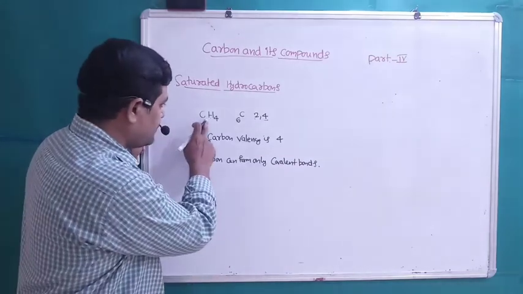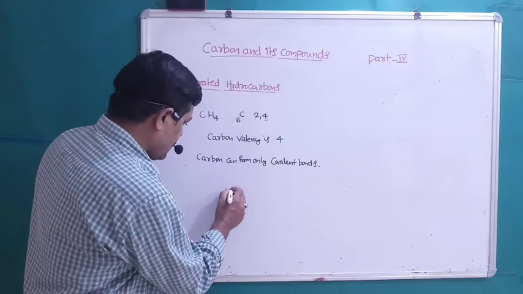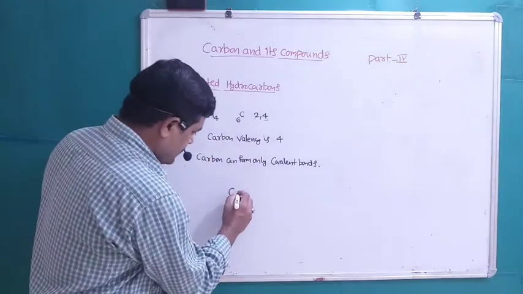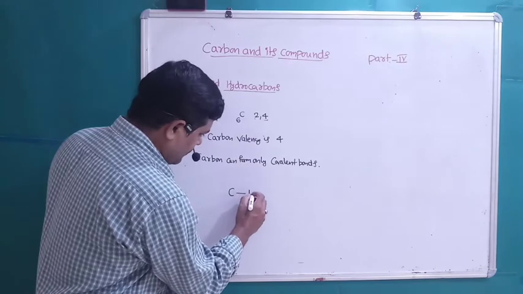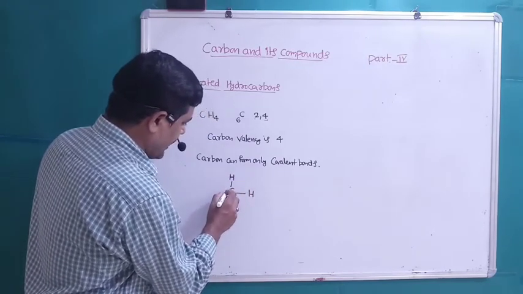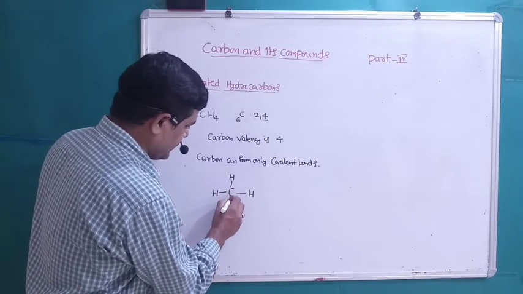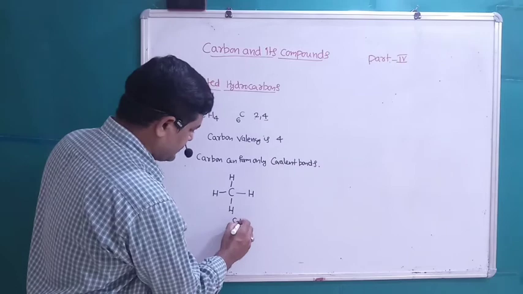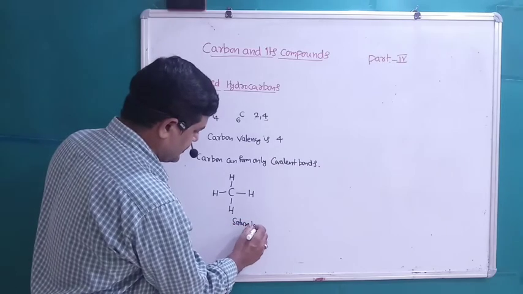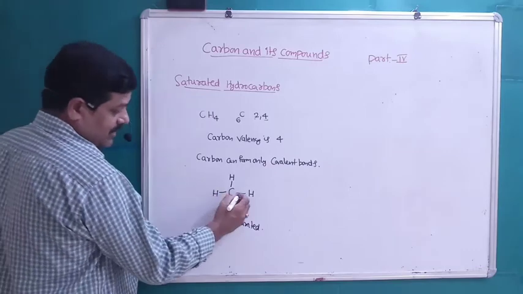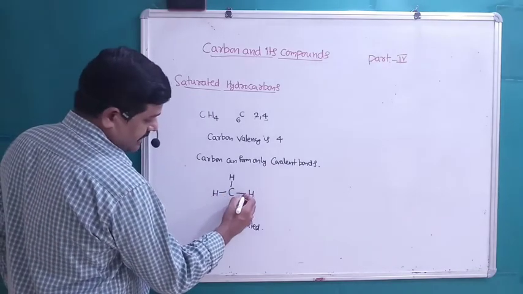So when we take CH4, carbon is the central atom, making single bonds with the 4 hydrogen atoms. All the bonds are single bonds, so we call it saturated.